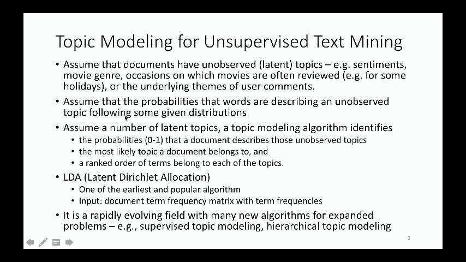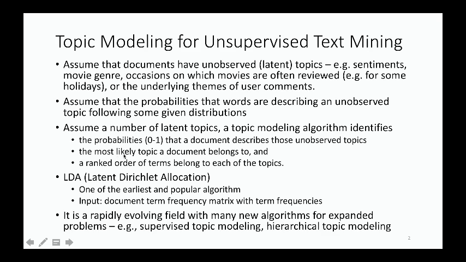various algorithms that follow this type of process can generate the probabilities that a document, like a review, describes each of those unobserved topics. So the probability that a document is describing, for example, a positive sentiment or a negative sentiment.